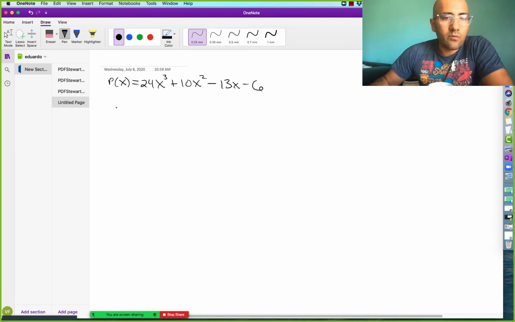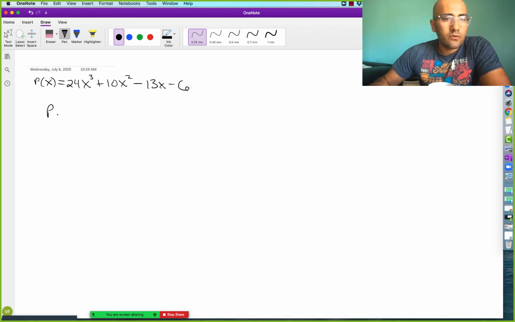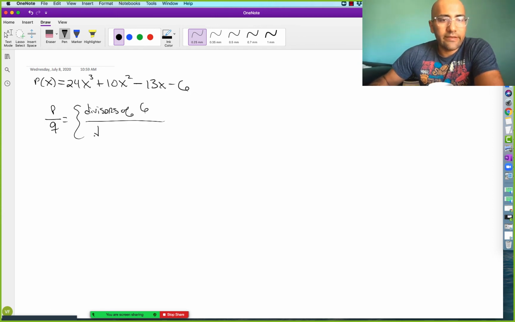Okay, so the first thing we want to do is come up with a list of possible rational zeros, right? Let's do that. So the list of possible rational zeros would be of the form p over q, which is the divisors of 6 divided by divisors of 24.